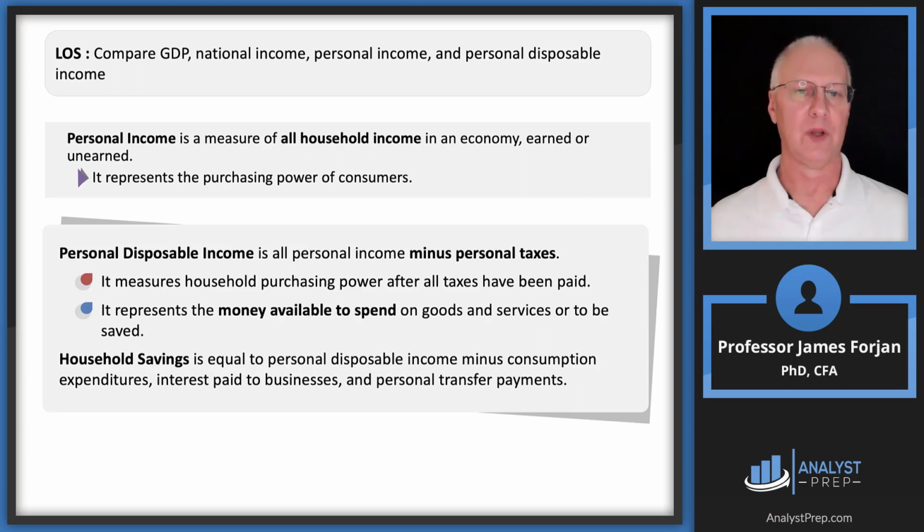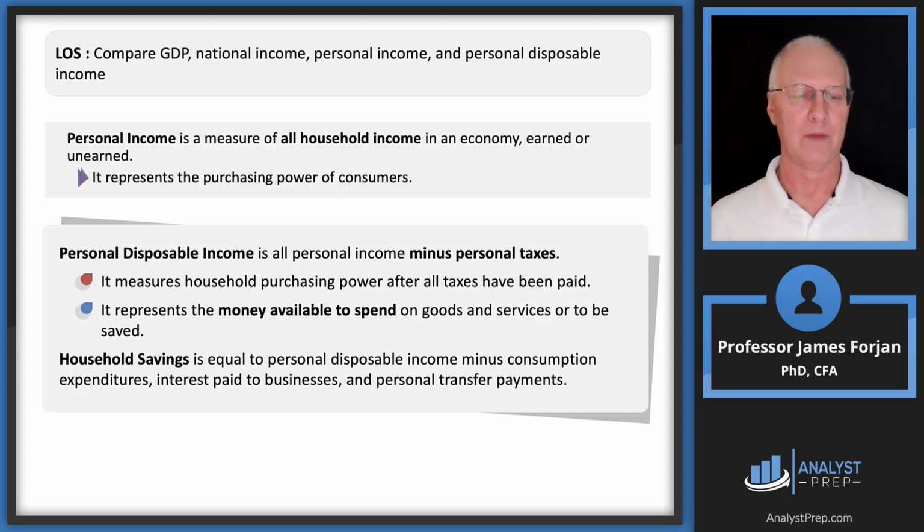We need to distinguish between this concept of personal income and disposable income. Personal income is all that household income in the economy, both earned and unearned, whether it's through wages or lottery winnings or consulting fees or royalties.